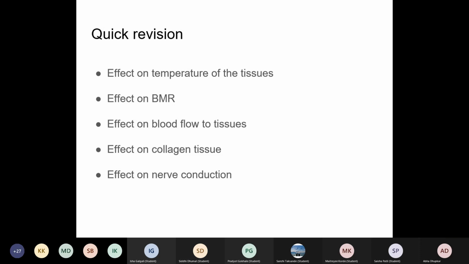Now later on, after your treatment has stopped, SWD, you take that patient in for exercises, because this is an adjunct therapy, this is not an individual therapy. After your SWD you will always be providing exercises. So when you give those exercises, these effects are still in play, because heat loss has as yet not occurred in those tissues.